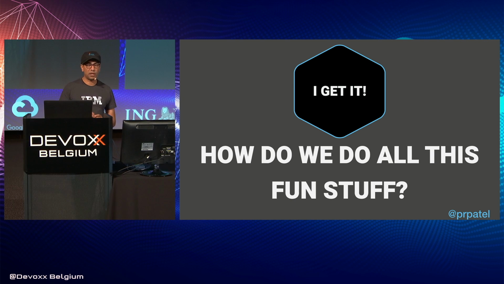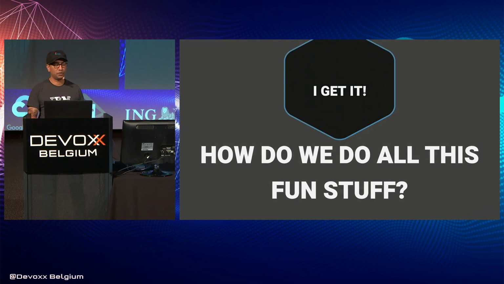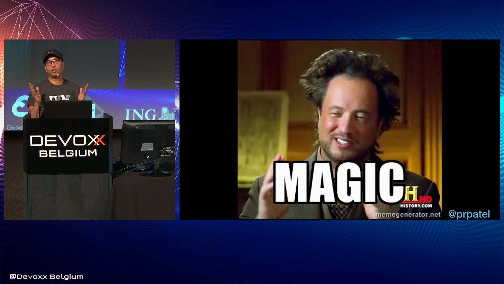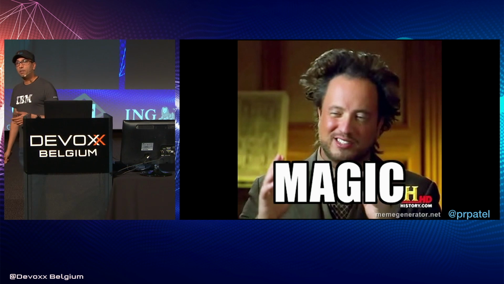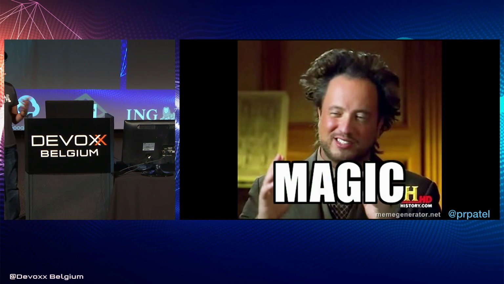We'll dig into this a little bit for a few minutes. And so how do we do all this fun stuff? Magic, of course. You find a data scientist and you say, go fix this for me, or go do this specific thing, and you let them do it. This is not to belittle what data scientists or machine learning engineers do, but the idea is that as a developer, you can do everything.